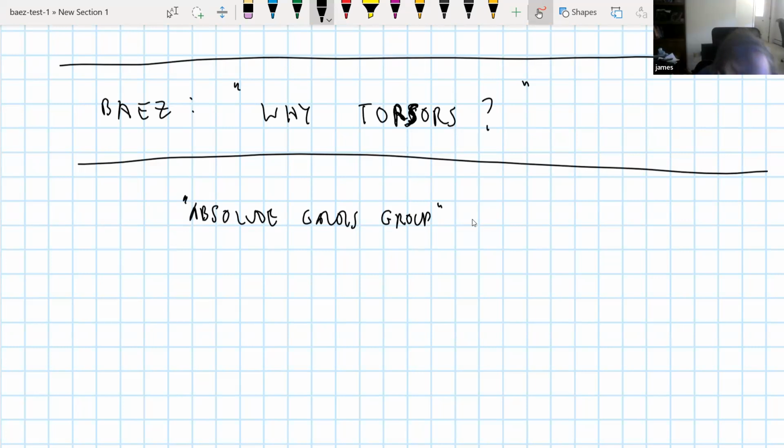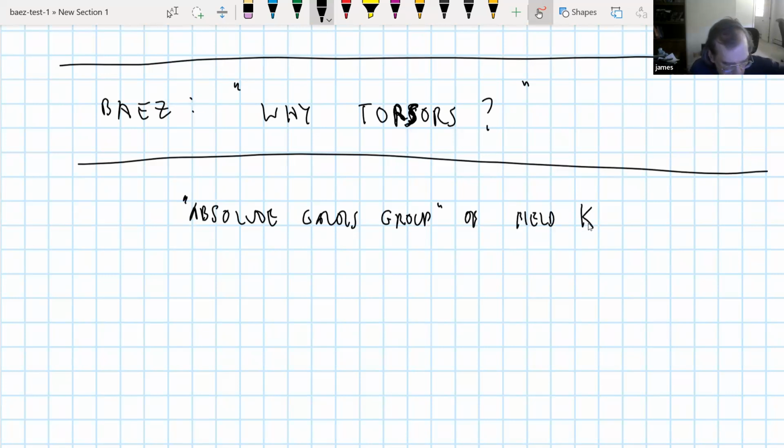Again, now I'm worried if there's some technical adjectives I should be putting in front of field. Because, right, I'm tempted to say that this is something like the absolute Galois group of a field K.